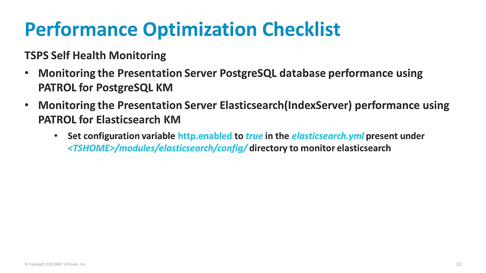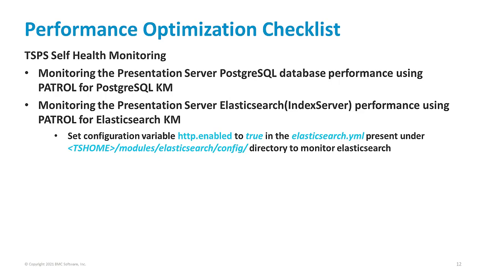Next, in the TSPS self-health monitoring, you can monitor the TSPS database PostgreSQL and Elasticsearch. You can use Patrol for PostgreSQL KM to monitor PostgreSQL DB, and Patrol for Elasticsearch KM to monitor the Elasticsearch health.